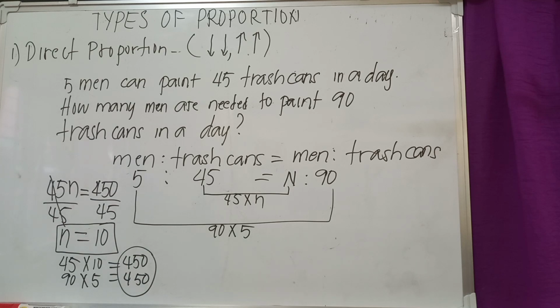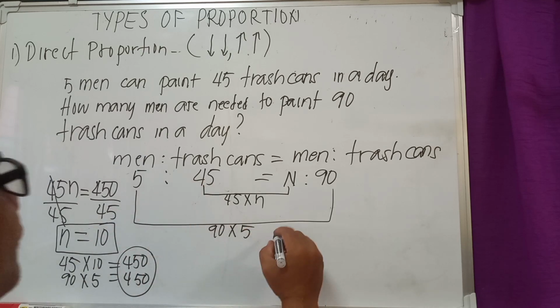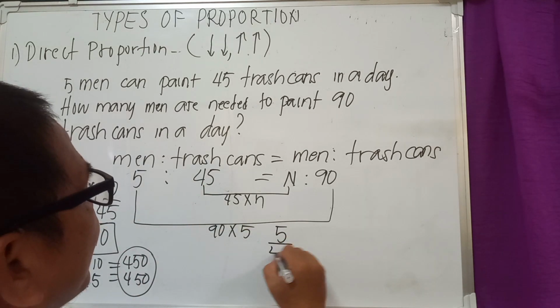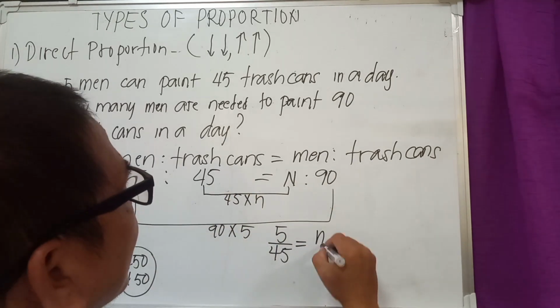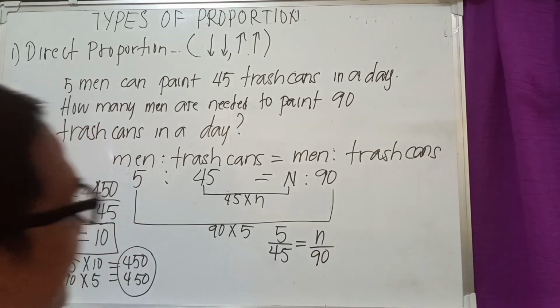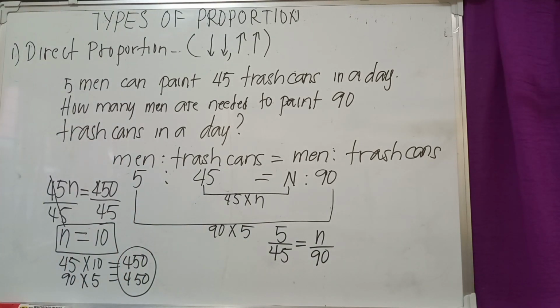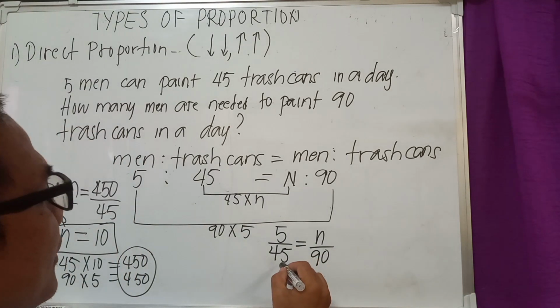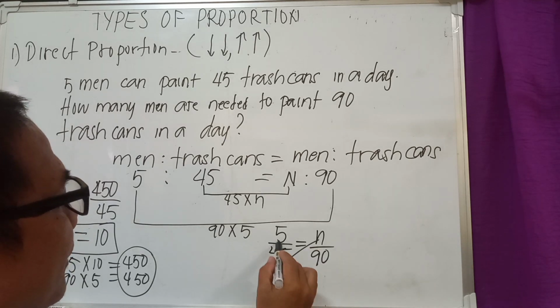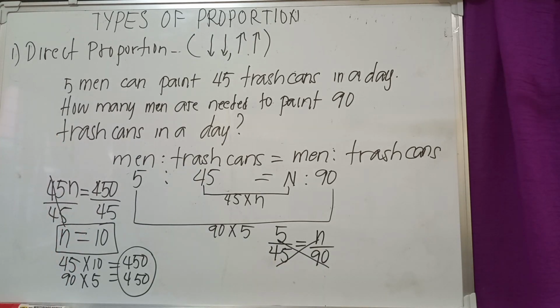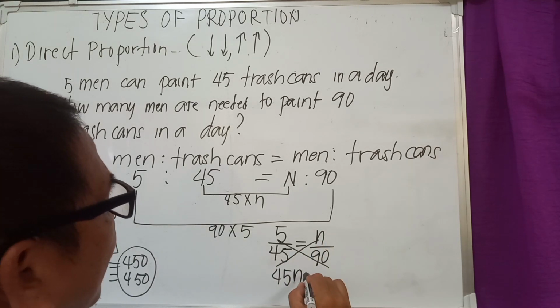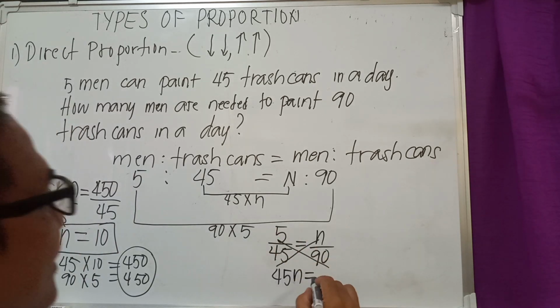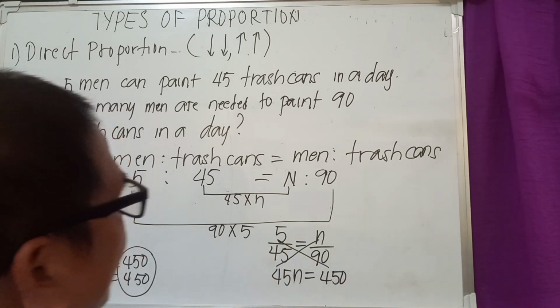You understand? Okay, let us use the fraction form. This 5 is to 45 is equal to n is to 90. So, cross multiplication, 45 times n, 5 times 90. 45 times n is 45n equals 5 times 90 is 450.